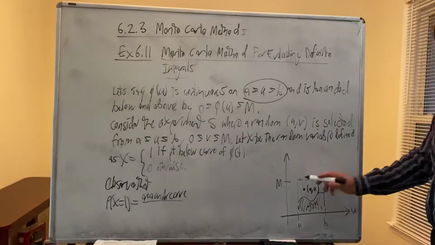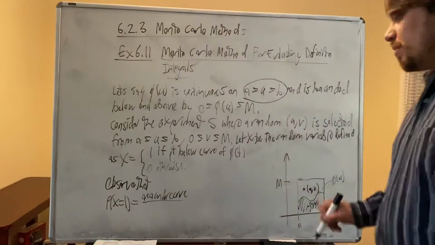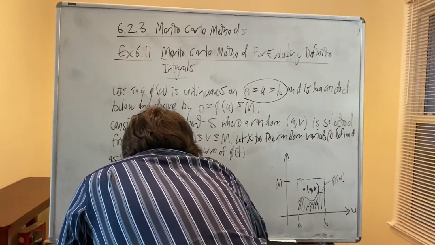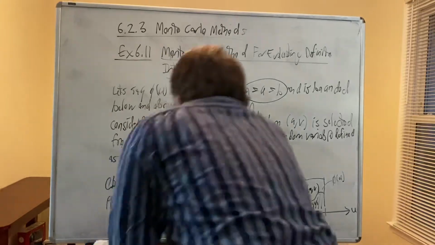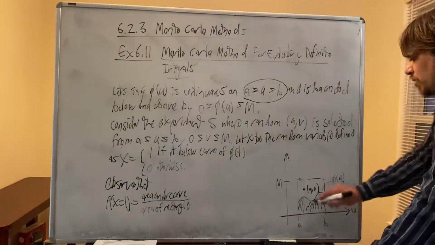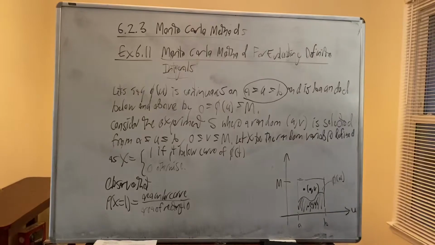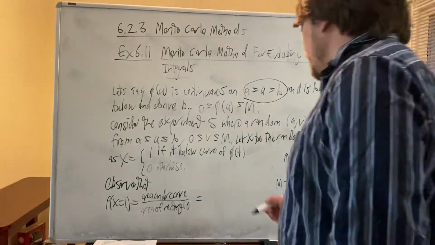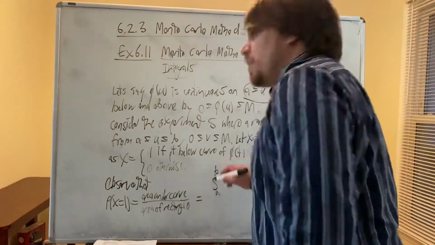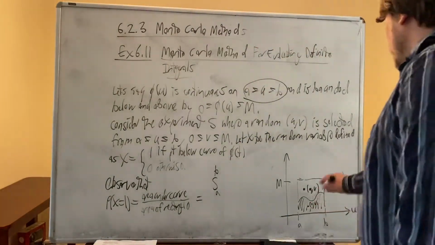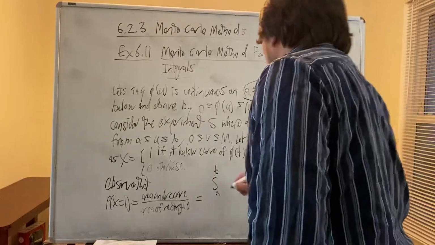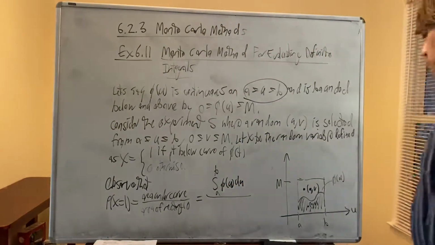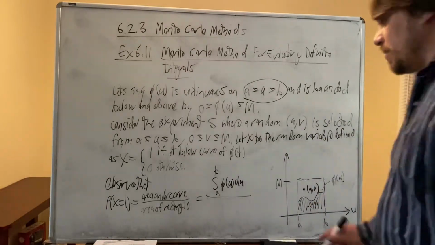It's the space of this entire rectangle. And so it's the area of the rectangle. So the probability that X is equal to 1 is the area under the curve divided by the total area of the rectangle. And so what is that? The area under the curve is the definite integral from a to b of phi of u du, divided by the area of the rectangle, which is capital M times (b minus a).